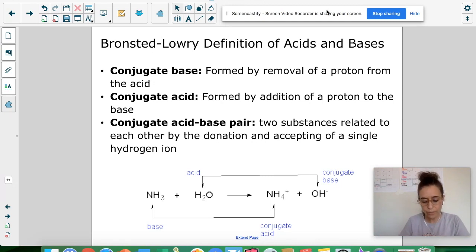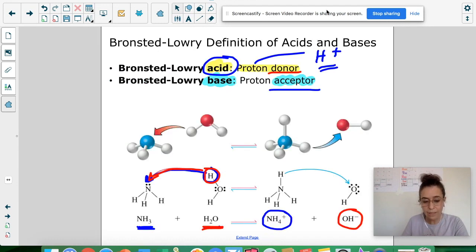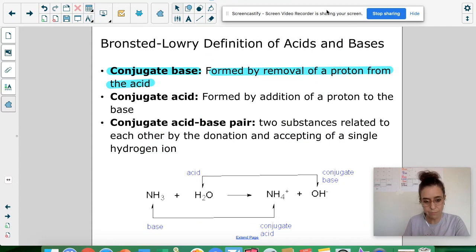Okay, so the conjugate base of an acid is going to be formed by the removal of a proton from the acid. So, for example, in the example that I gave you before, the acid was the water, because the water is giving that proton away, okay? So now I go back to the same reaction here.